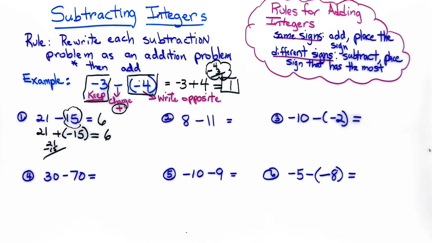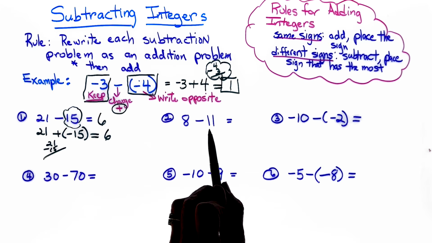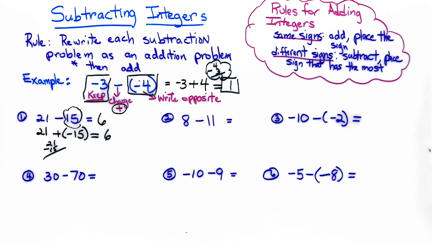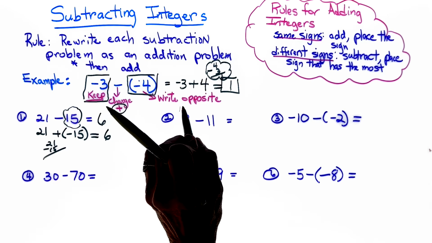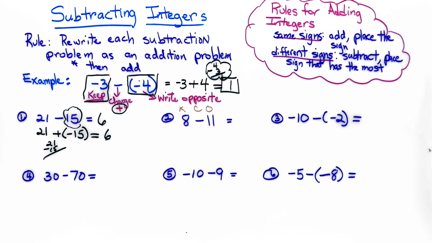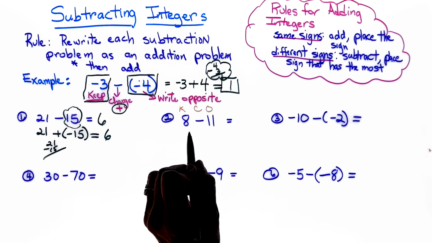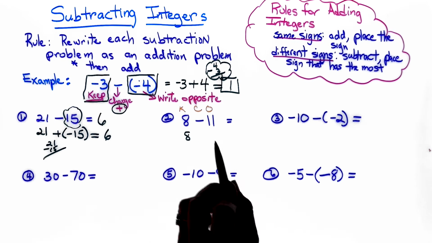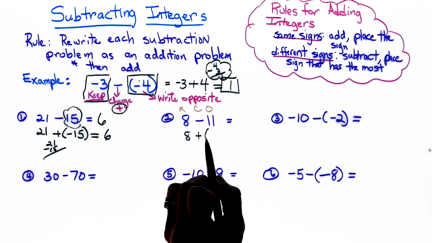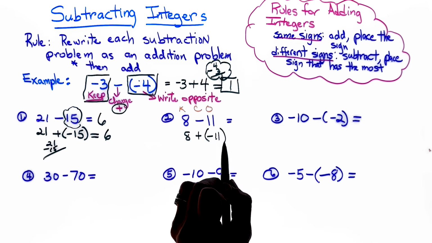All right, so for number 2, we have 8 minus 11. So I'm going to follow my procedure of keep, change, and opposite. KCO, keep, change, opposite. So I'm rewriting the 8. I am going to change the sign to a plus, and I am writing the opposite of a positive 11, which is negative 11.